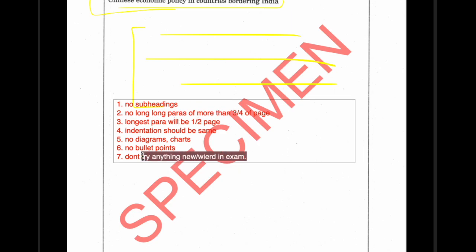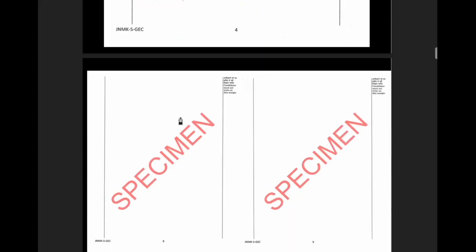Don't go experimenting new formats in exam. Many people venture out and then they will come with a hub and spoke diagram or a very complicated flow chart or something. No, please, your essay should be in and only in paragraphs, nothing else. Your essay will be 3 pages of continuous paragraphs, nothing else.